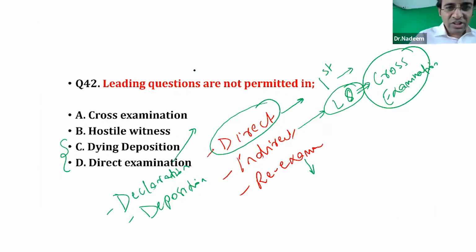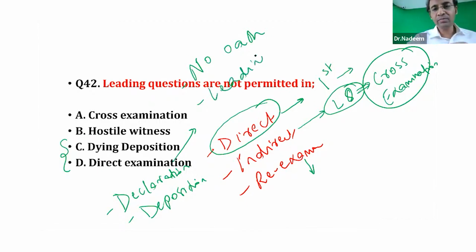During dying declaration, no oath is taken. Leading questions are not allowed. In India, we are practicing dying declaration. But what about dying deposition? Dying deposition is practiced in Western countries, where a person knows that within 7 to 10 days he may die.